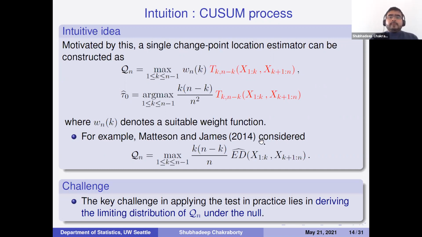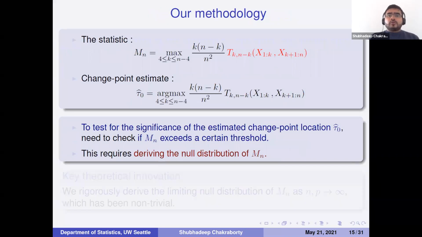For example, Matteson and James in the 2014 paper considered Q_n to be the maximum of energy distance, just the simple Euclidean energy distance between the two samples X_1 to k and X_{k+1} to n with this particular weight function. So that's the intuition of our methodology.